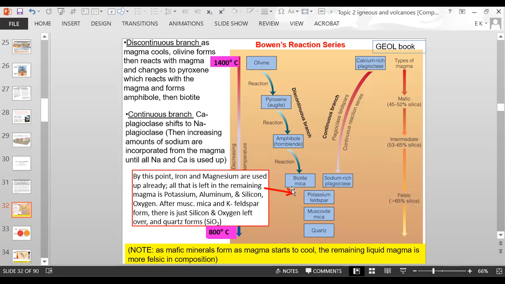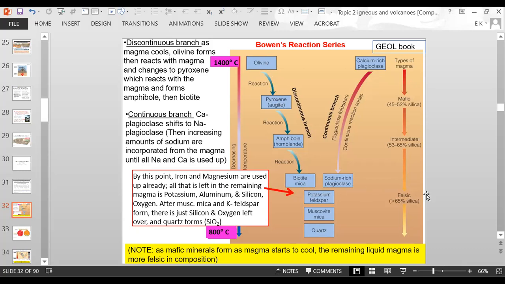So at this point, all of the minerals that formed before this point incorporated the iron and magnesium that was in the original magma. All of these minerals already took up all the iron and magnesium. So at this point right here, all that you have left in the remaining magma is potassium, aluminum, silicon, and oxygen.